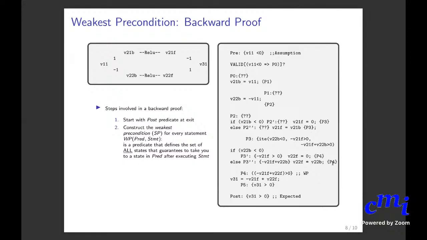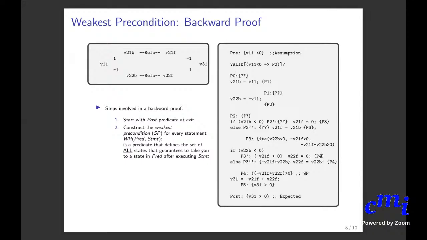If P4 is expected to be true here, then it better be the case that when you replace V22F with V22B in this expression, minus V21F plus V22B, that guarantees that after that you will have P4 to be true.